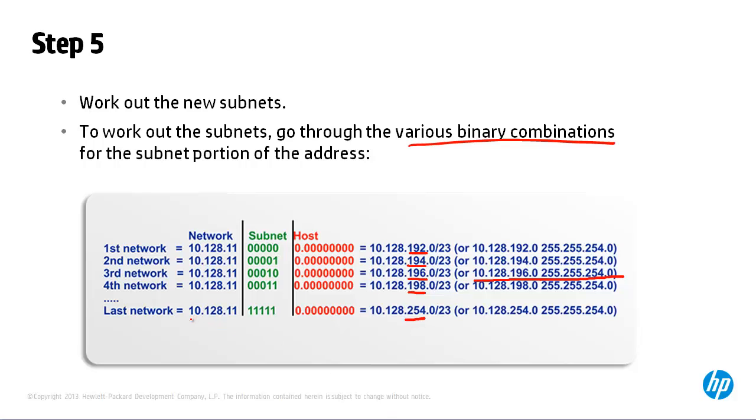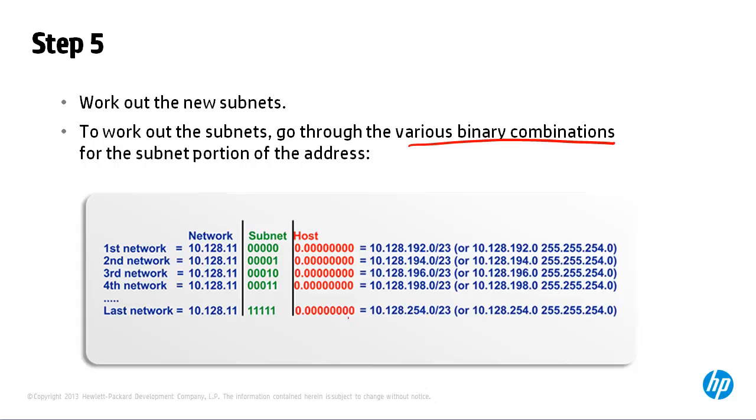To work out the last subnet, you fill the subnet portion with binary 1s. So 10.128, 11, 5 binary 1s, 0 equals 254. Last octet is filled with zeros, so that'll be a 0/23.